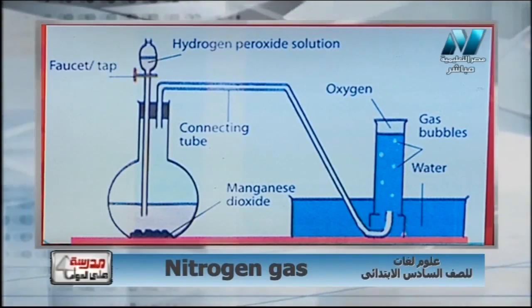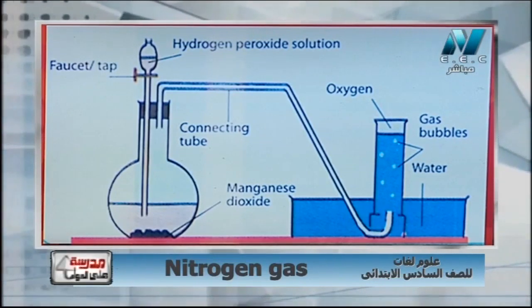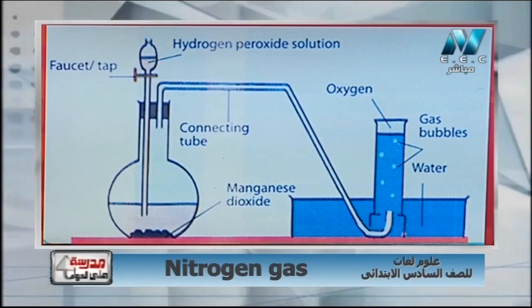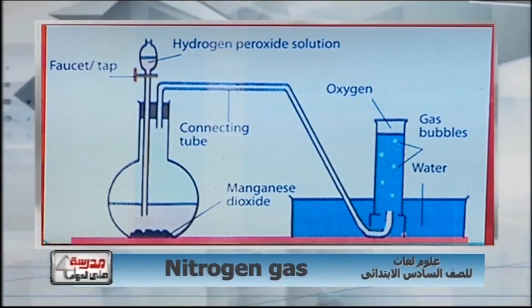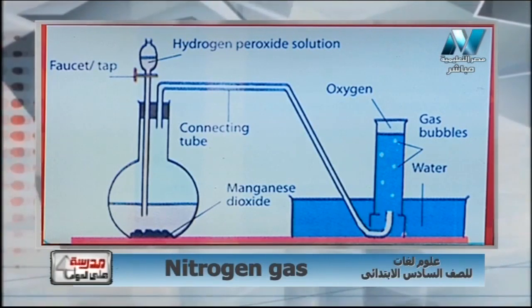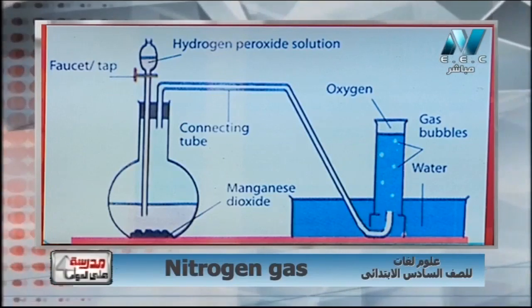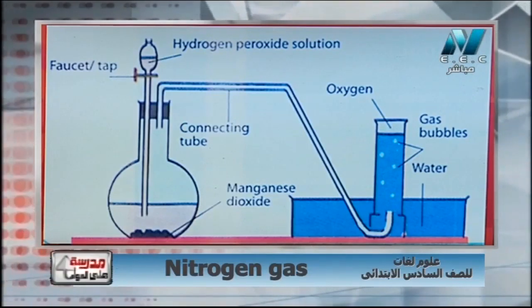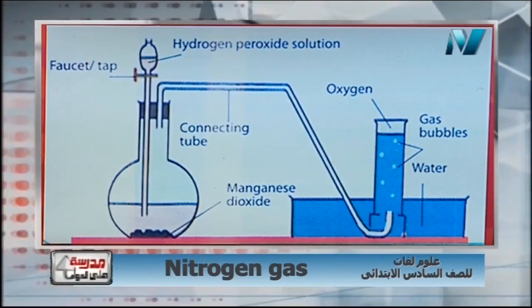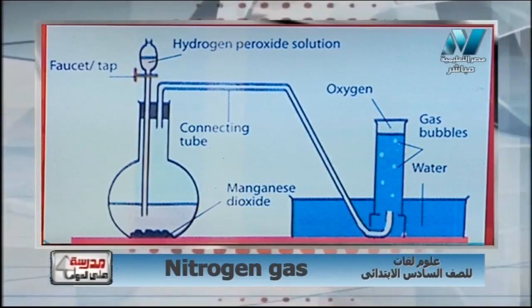So now we have collected oxygen gas from the decomposition of hydrogen peroxide solution in the presence of manganese dioxide powder. This is a very important image that could come as an illustration question asking me to label the diagram, or asking about the labels in this drawing.